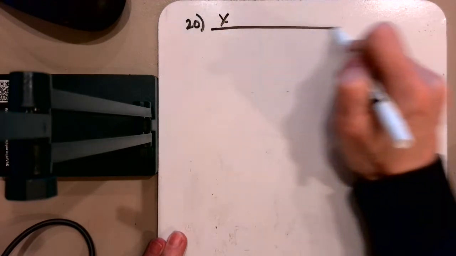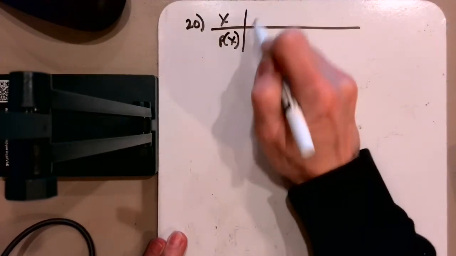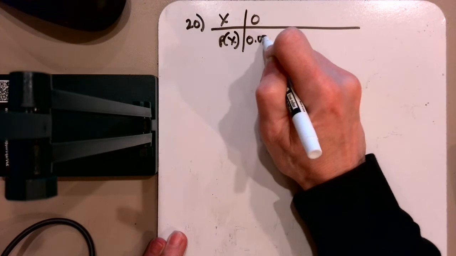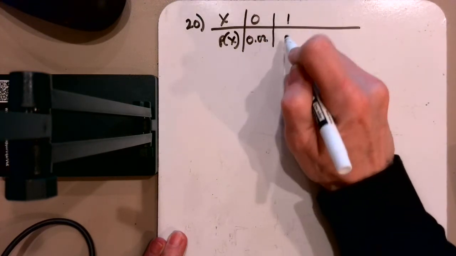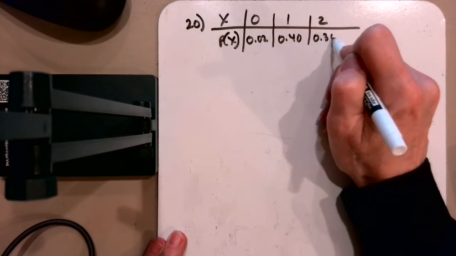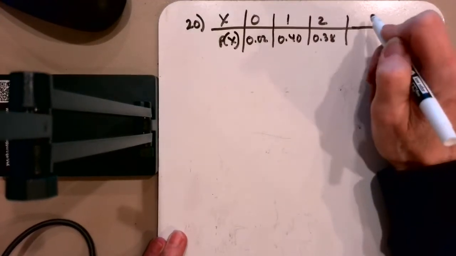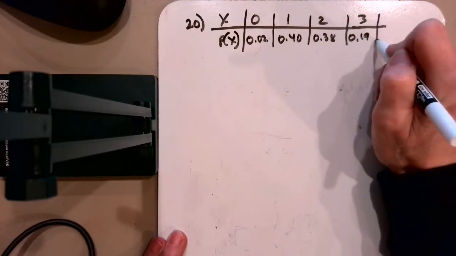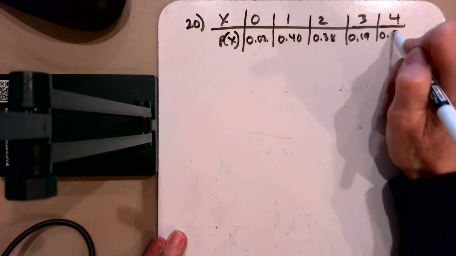So in the one version of this question, let me write it out here. The probability of 0 was 0.02, probability of 1 is 0.40, probability of 2 is 0.38, probability of 3 is 0.19, and the probability of 4 is 0.03.